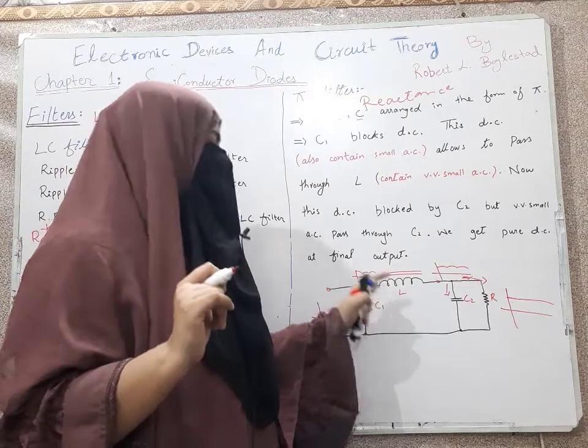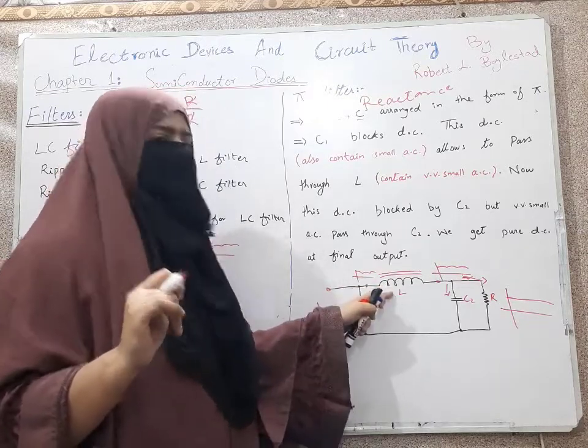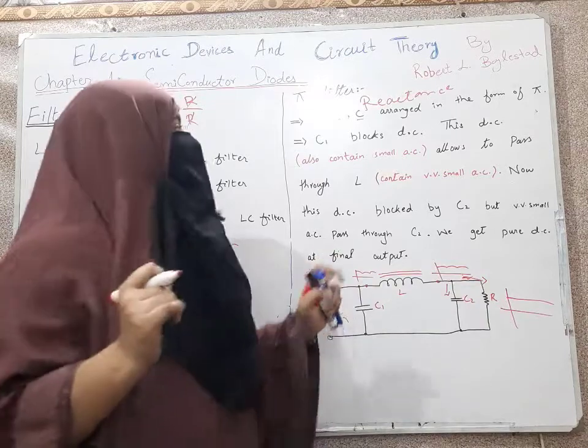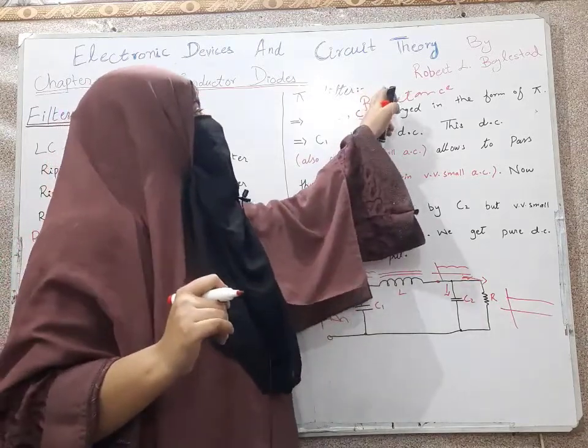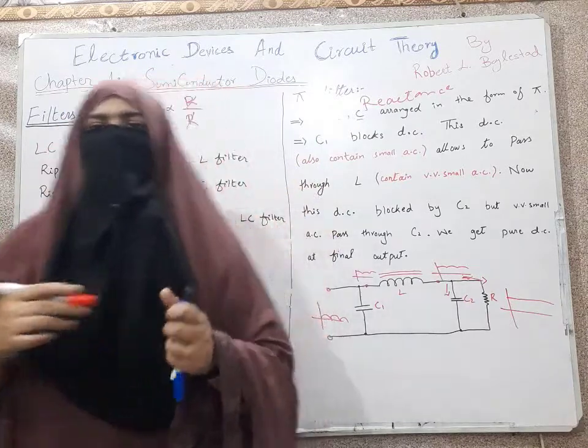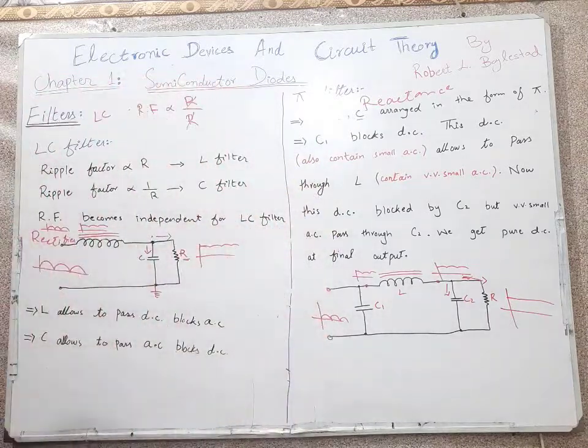But for the inductor, the reactance for DC is very low and the reactance for AC is very high. We have to note this term because it is mentioned in our book, so that's why we have discussed this term. This is all of our lecture, and in this lecture we have discussed 4 filter types.